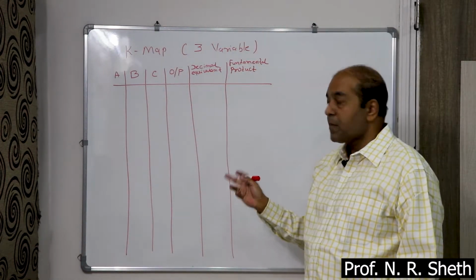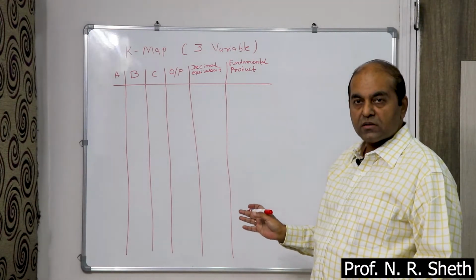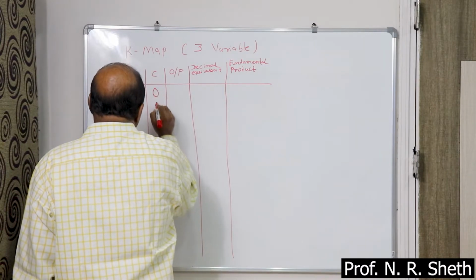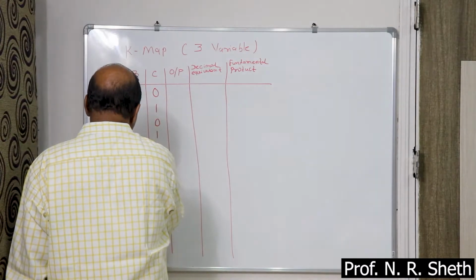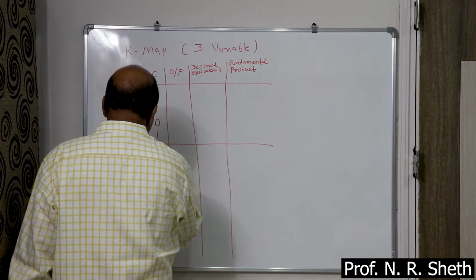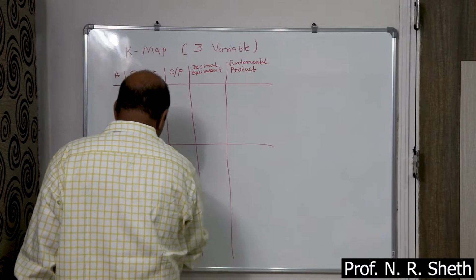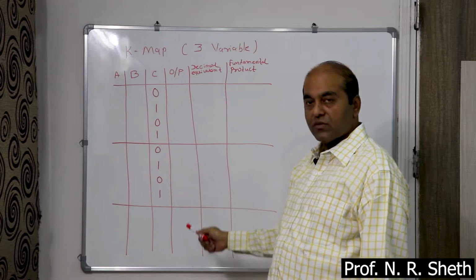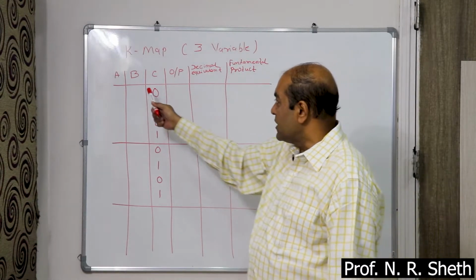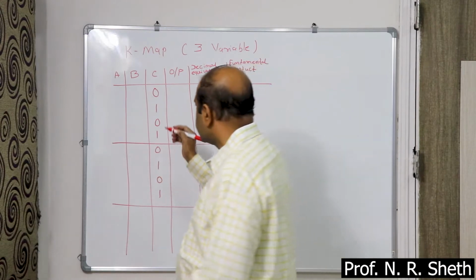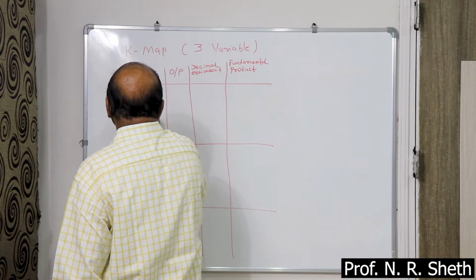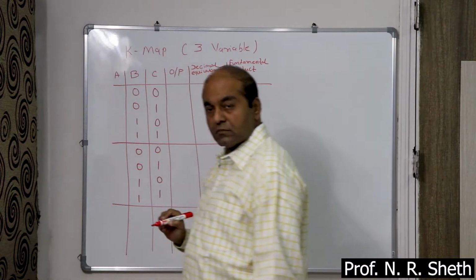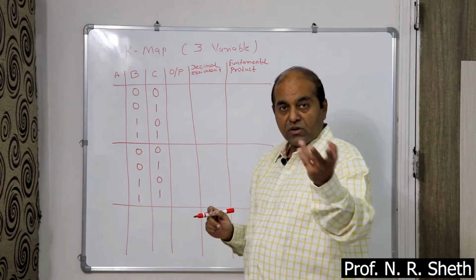A, B, C, output, decimal equivalent, and fundamental products. For the inputs: 0 1 0 1, 0 1 0 1, 8 cases. Next, 0 0 1 1, and four times 0, four times 1.